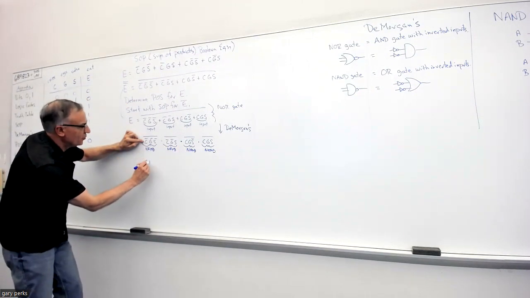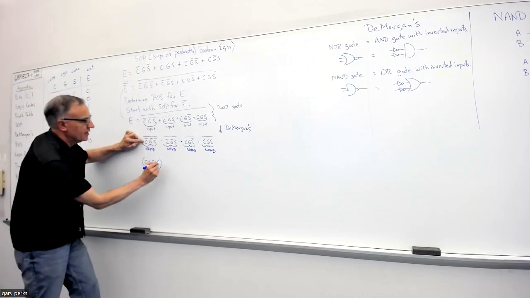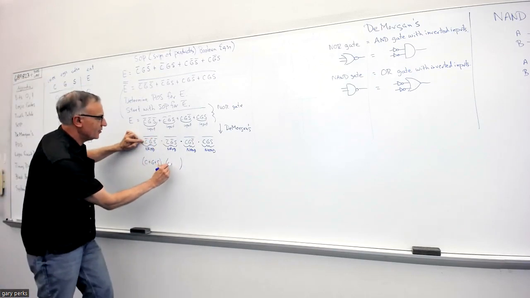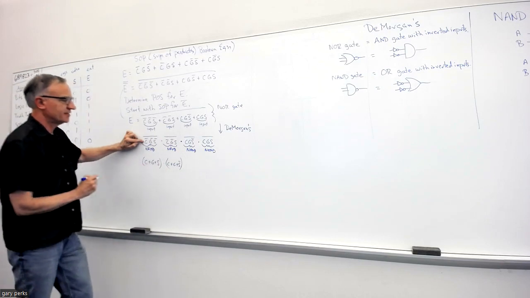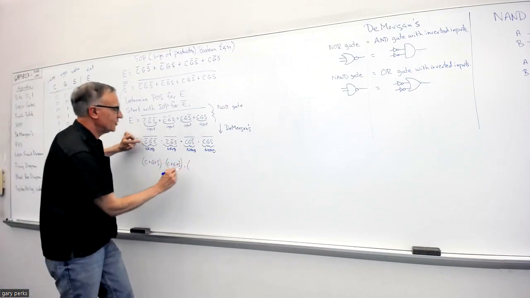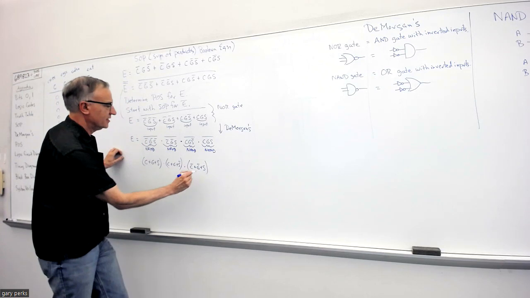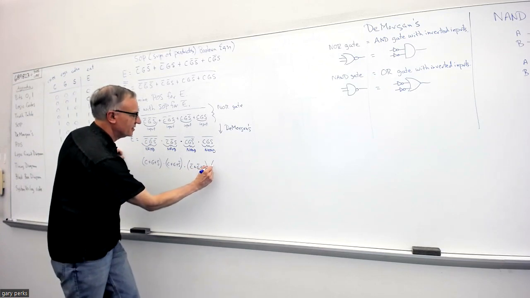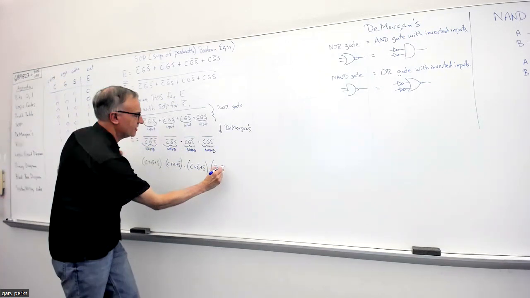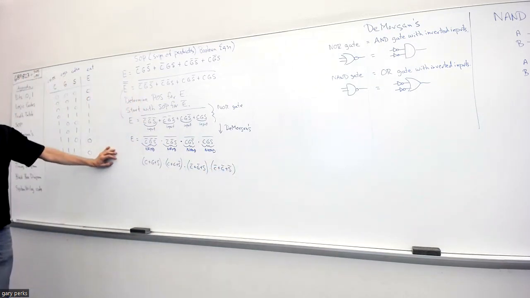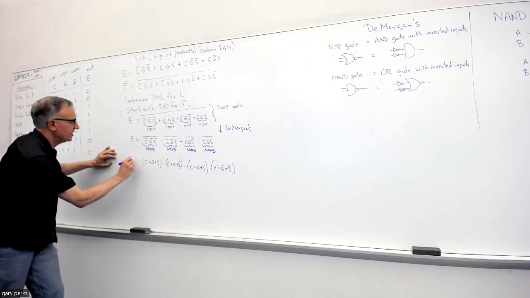So it's going to be C ORed with G ORed with S. And that's going to be ANDed with what we have over here, which is going to be C OR G OR not S. And that's going to be ANDed with not C ORed with not G ORed with S. And then that's going to be ANDed with not C ORed with not G ORed with not S. And this is still equal to E.